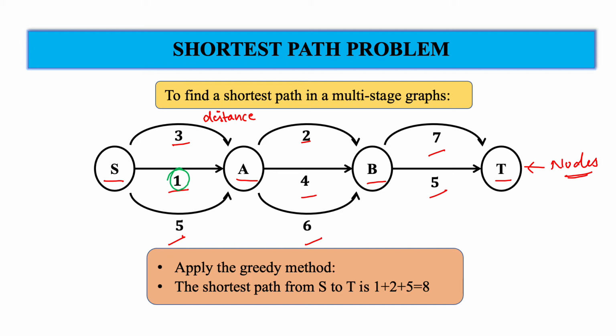Then from A to B we again have three different paths, 2, 4 and 6. Out of these three, which one is minimum? 2.